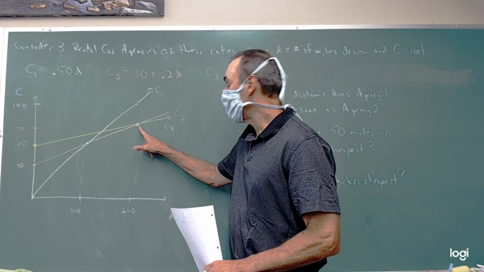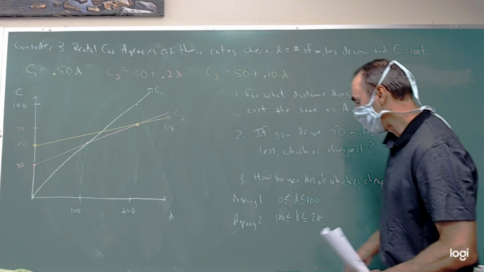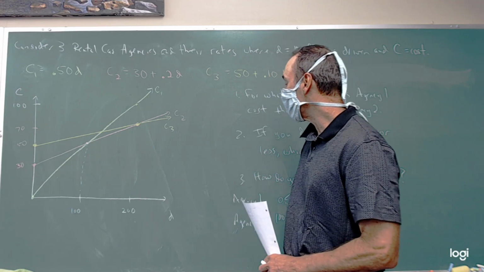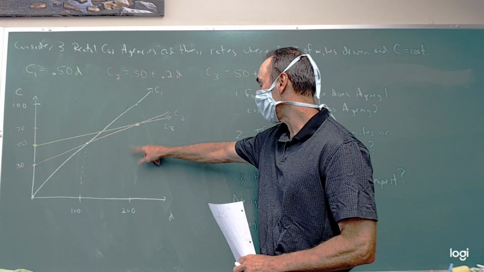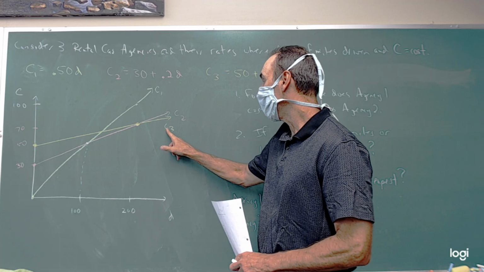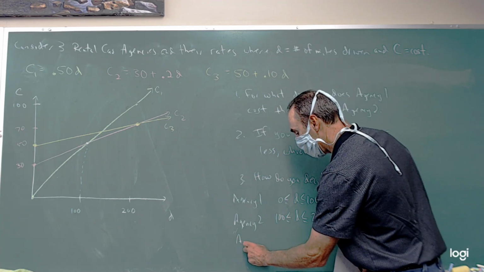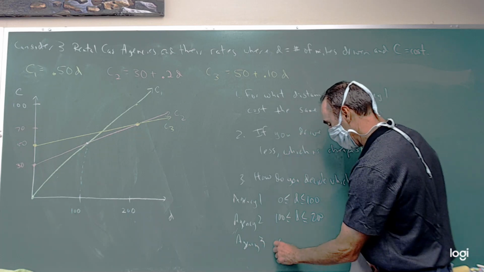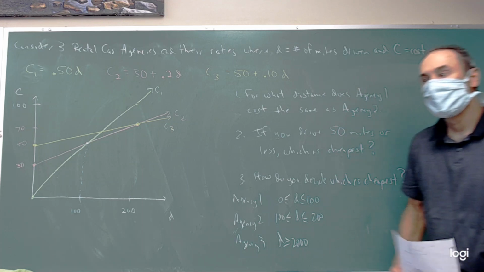Till we drive 200 miles. Okay, and so that's going to go to 200. Then if you're going to really be a road warrior and drive a lot of miles, a lot being more than 200, then your cheapest is going to be agency 3. And so agency 3 is going to be for anything more than 200 miles. Questions on that?